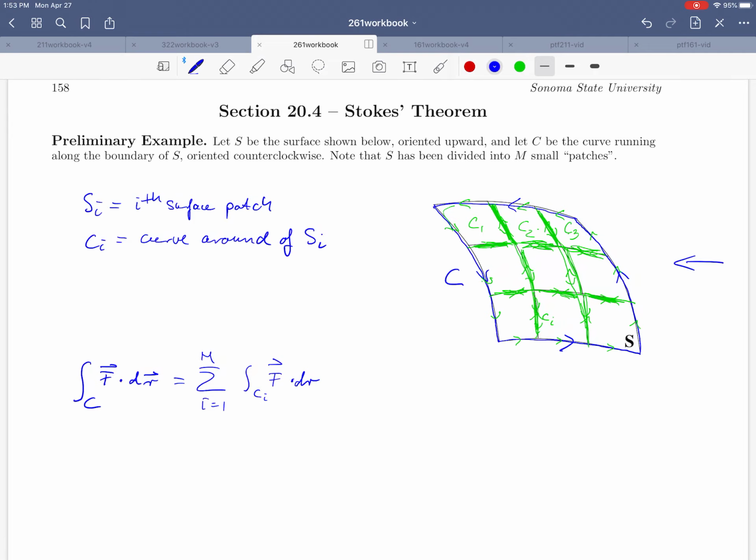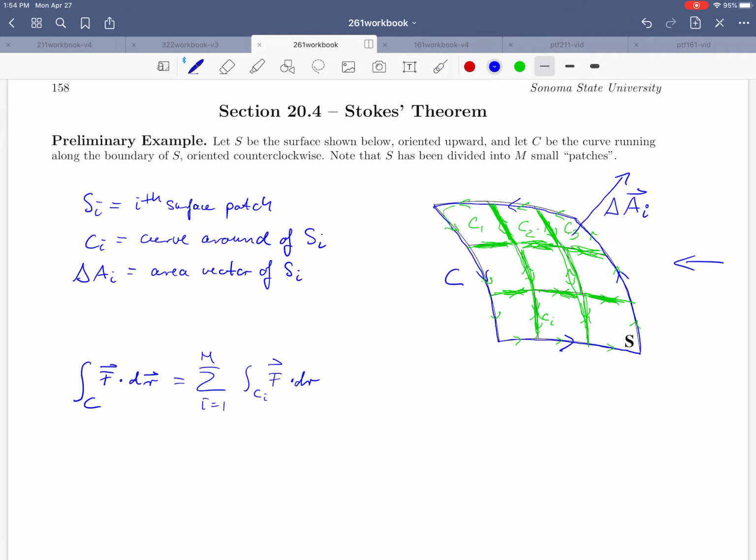I said counterclockwise and I drew in counterclockwise, but that has to be with respect to some vector. And so my vector is pointing up right here to give me the right direction. This is my little area vector of the ith patch. So delta A_i is the area vector of S_i, and it gives me the direction of my line integrals as well.